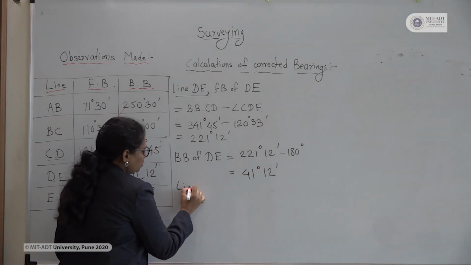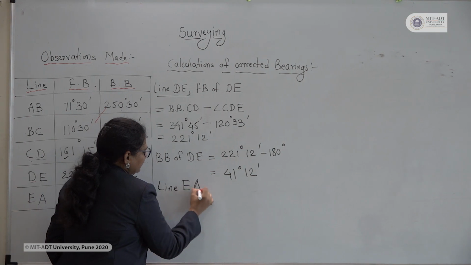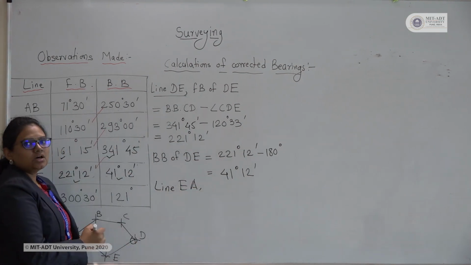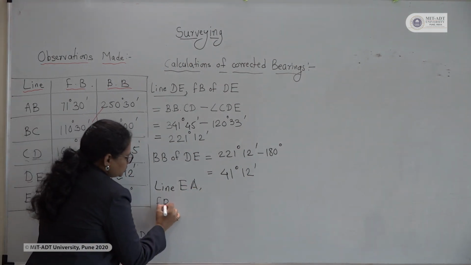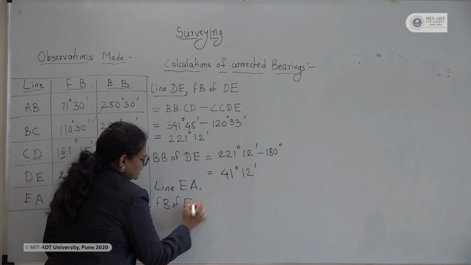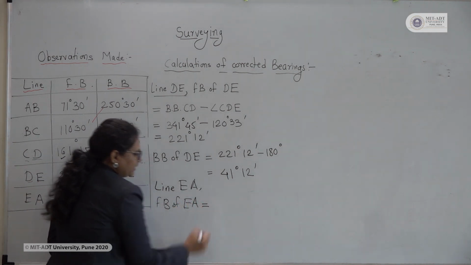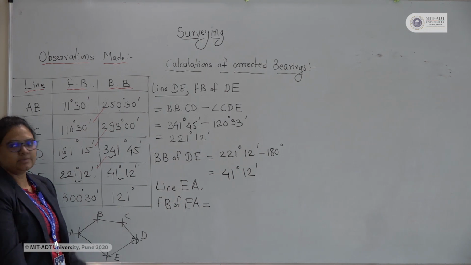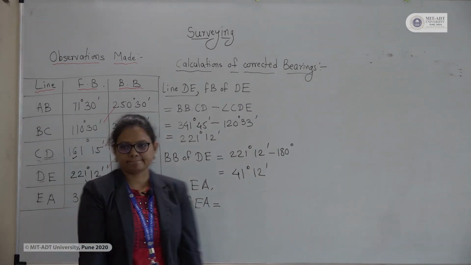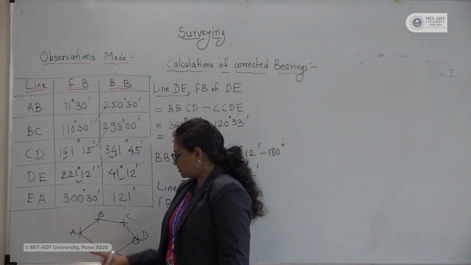For line EA, we will start with the fore bearing. The fore bearing of this line EA will be equal to, now again this point E is located here.